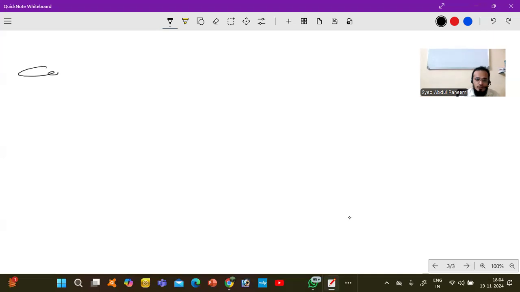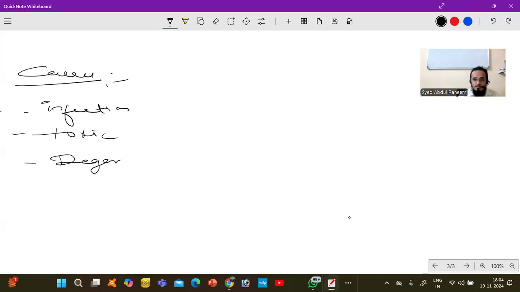What are the causes? Infection is one of the most common causes. Toxic material, as well as degeneration of the brain. And any arterial damage.